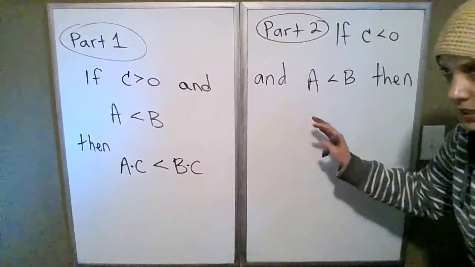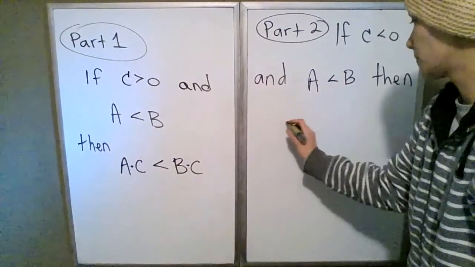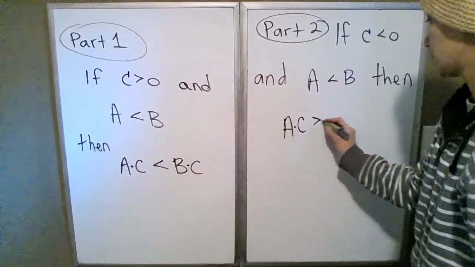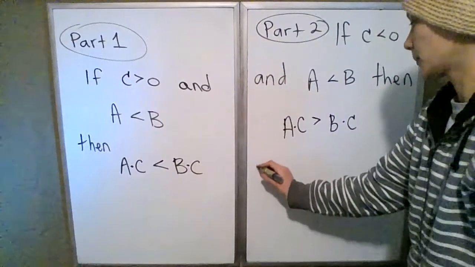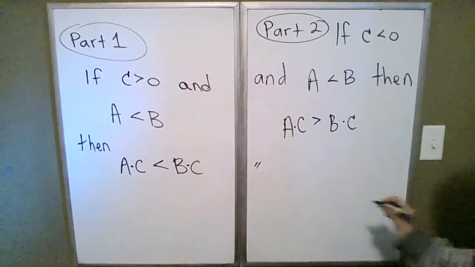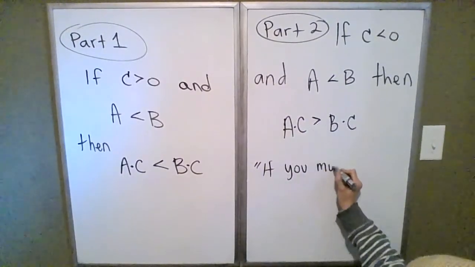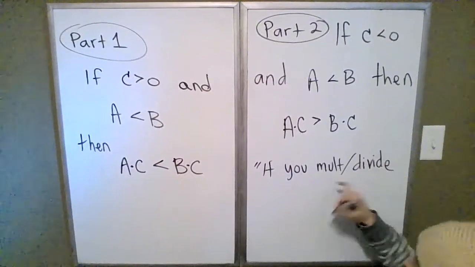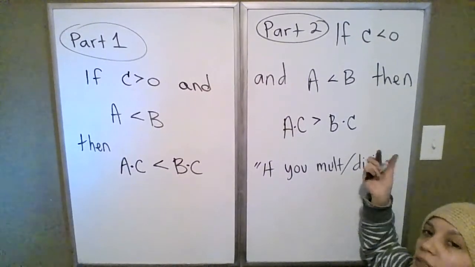So AC would be greater than BC. If you ever multiply or divide by negative numbers, you have to flip the sign.